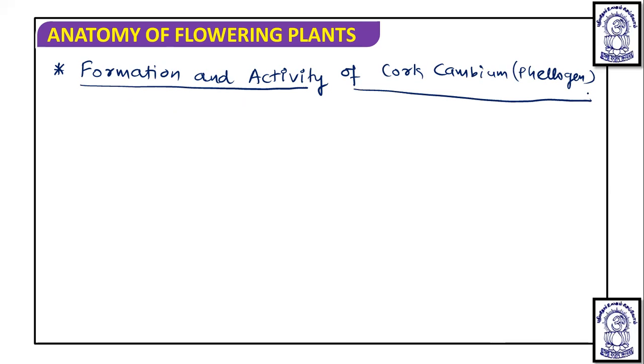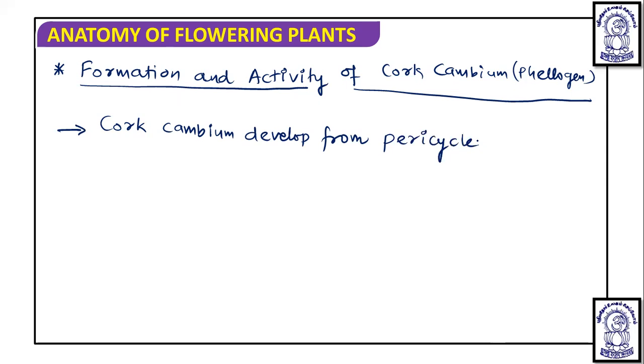Dear student, if we talk about formation and activity of cork cambium, then here in dicot root, cork cambium develops from the pericycle.